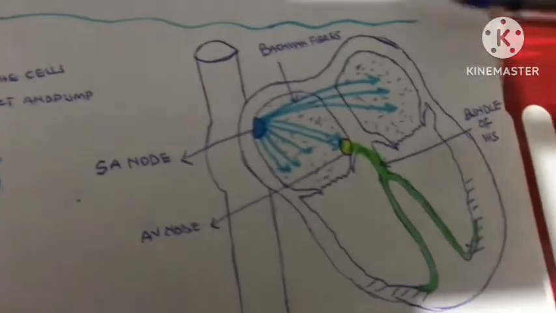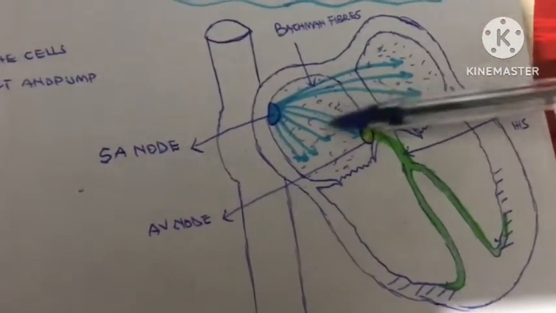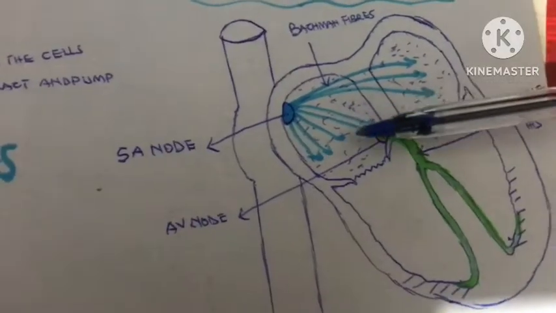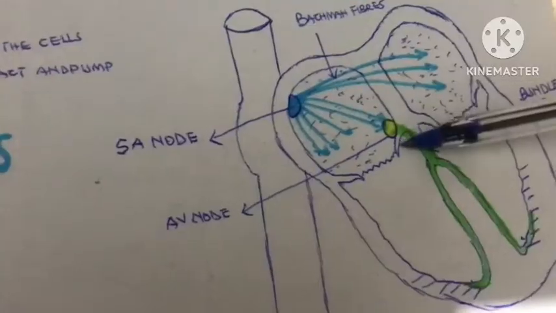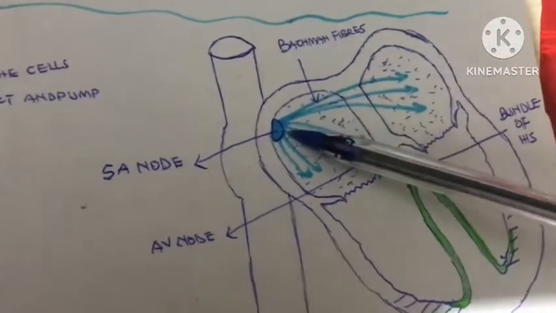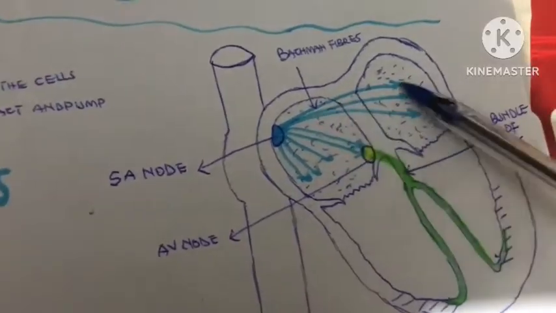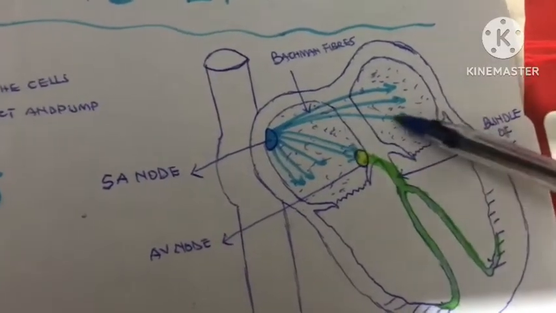When you look at this diagram here, you can see that these fibers don't only conduct electrical impulses from the SA node to the AV node, but some of these fibers are also moving from the right atrium to the left atrium.